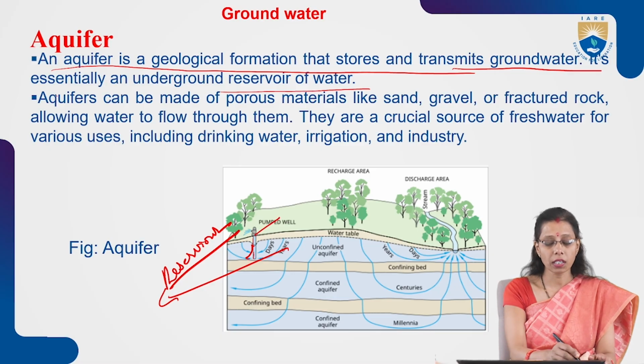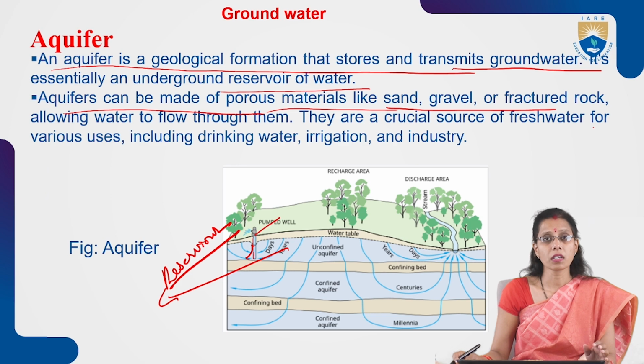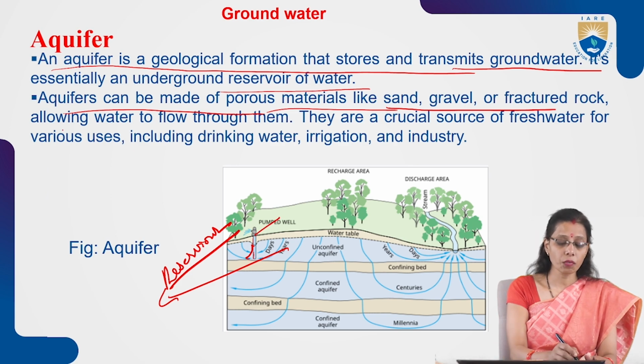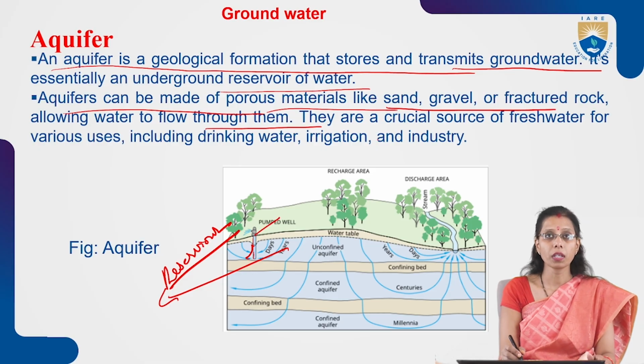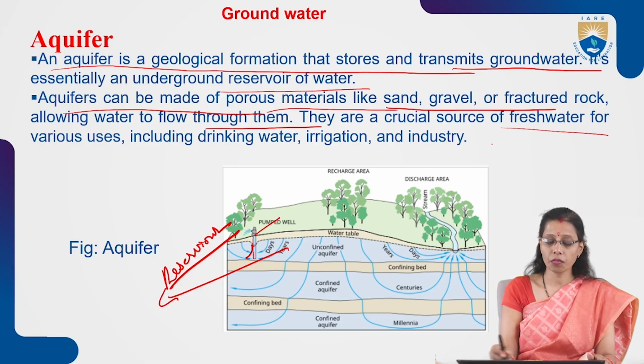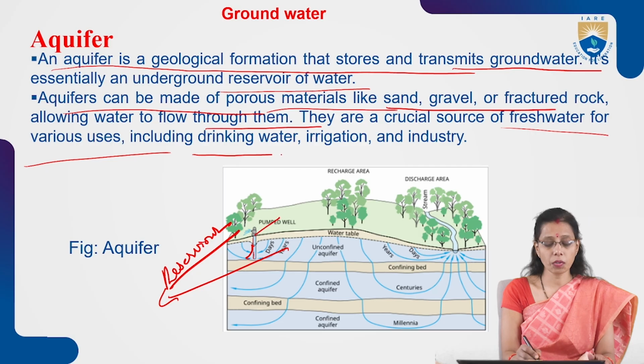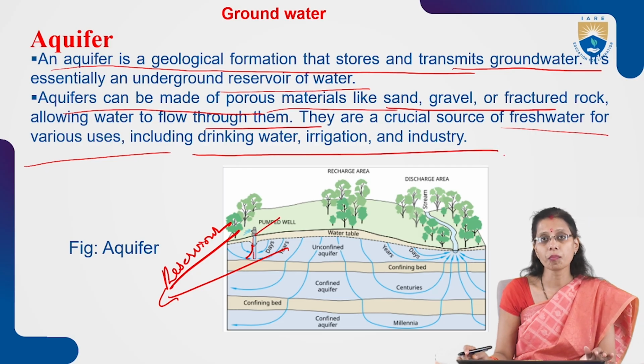Okay, essentially underground, aquifers can be made of porous materials like sands, gravels and fractured rock, allowing water to flow through them. They are a crucial source of fresh water for various uses, including drinking water, irrigation and industry.